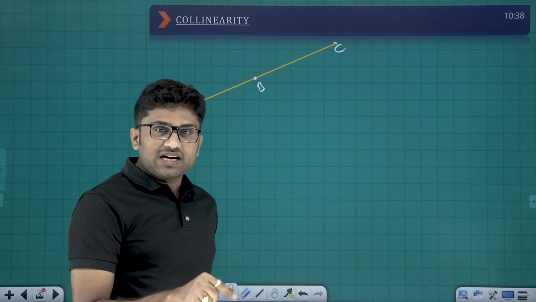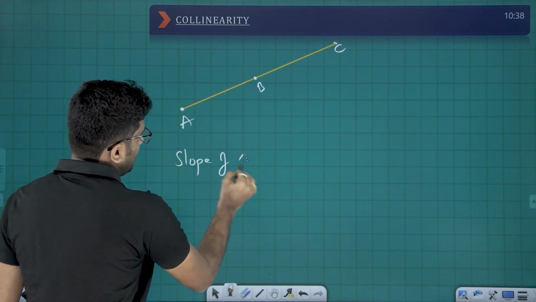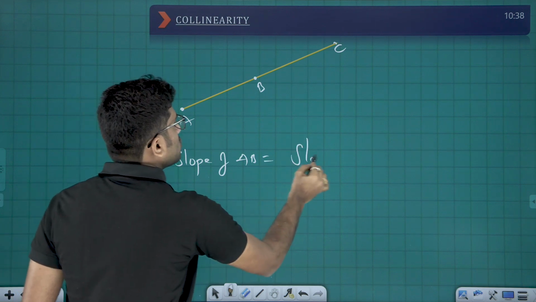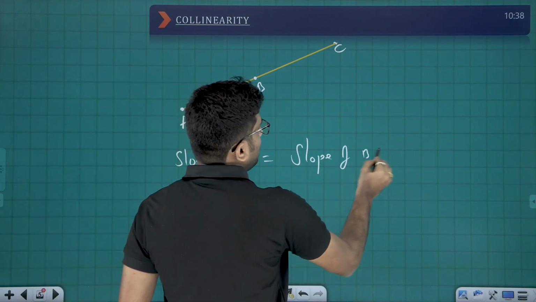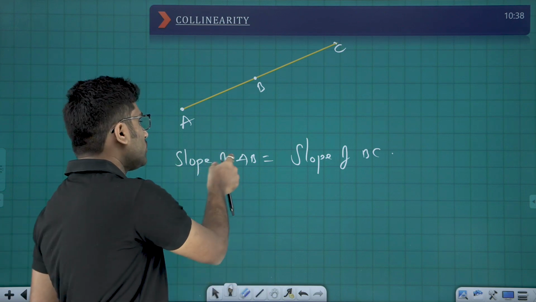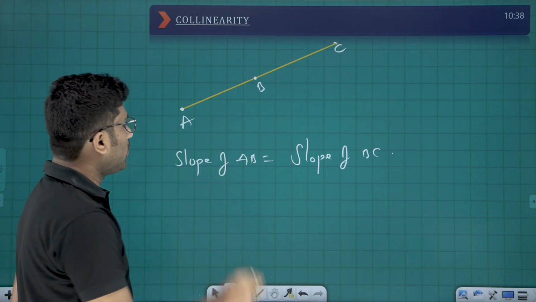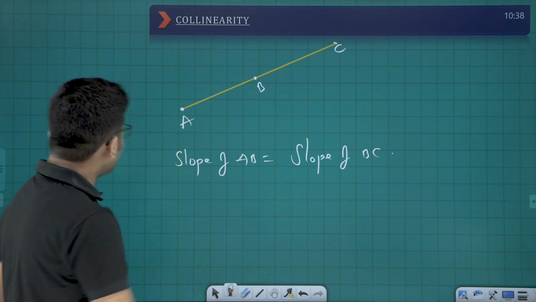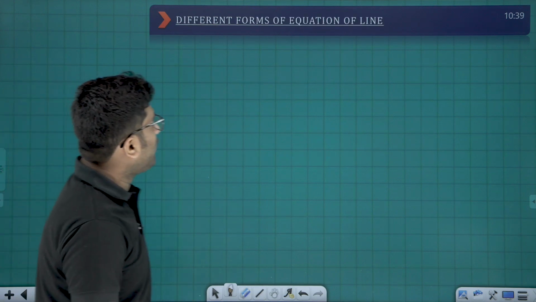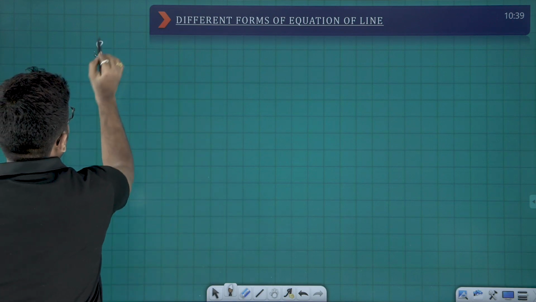By using straight lines, if slope of AB is equals to slope of BC, then also they are said to be collinear. So even if slope of 2 points is equals to slope of another 2, then we say that the given 3 points are collinear. Next, different forms of equations of line. So first we'll go with the slope point form or point slope form.